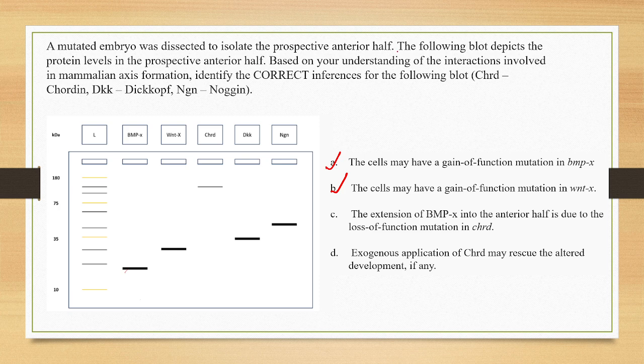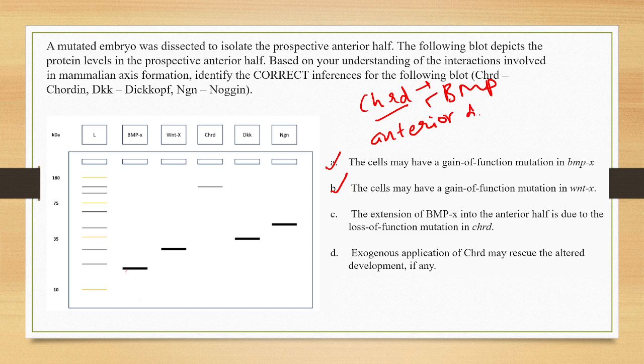So I'm writing here: cordon and BMP. These are antagonists of each other. Cordon is basically involved in anterior formation, anterior development.